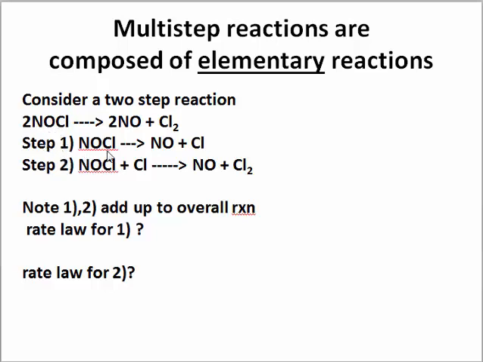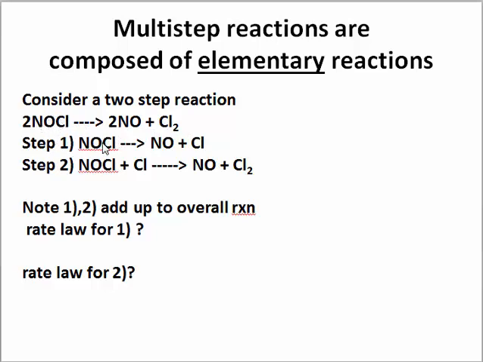However, this reaction goes in two steps. In step 1, NOCl breaks down into NO plus Cl. In the second step, another NOCl reacts with the Cl generated in step 1 to produce NO plus Cl2. Note that the two steps, 1 and 2, add up to the overall reaction.